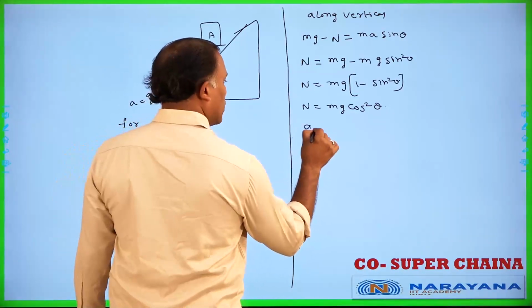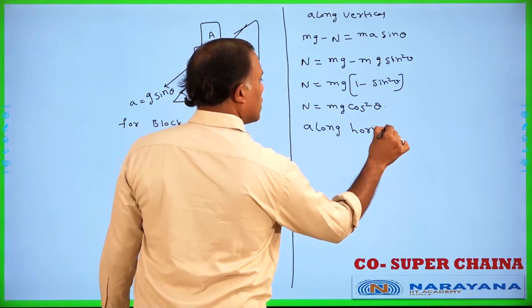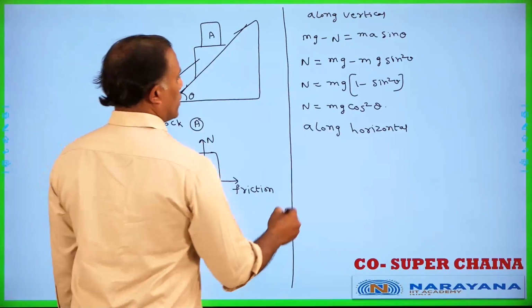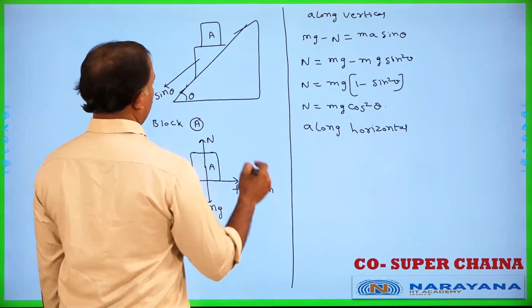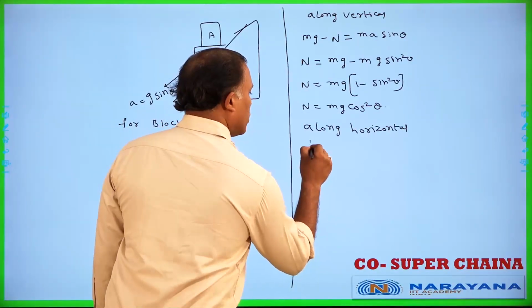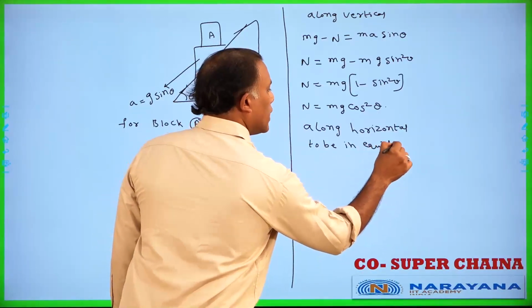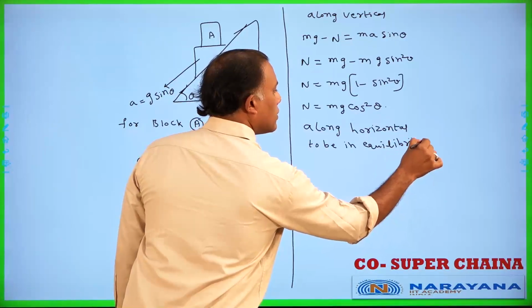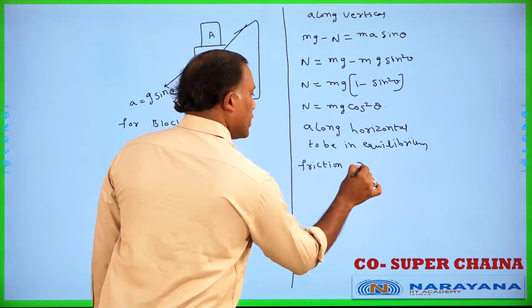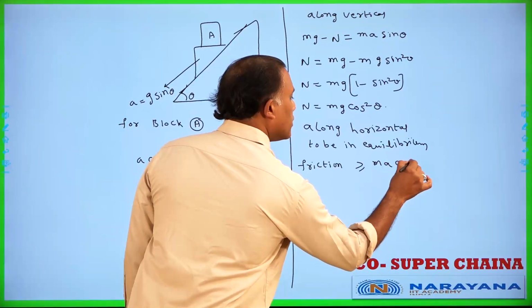Next, along horizontal. Along horizontal, to be in equilibrium, friction should be greater than or equal to ma cos theta.